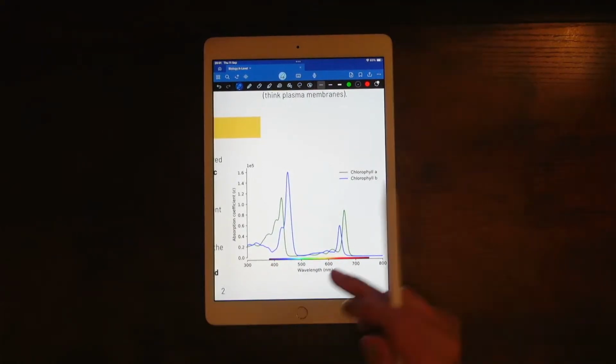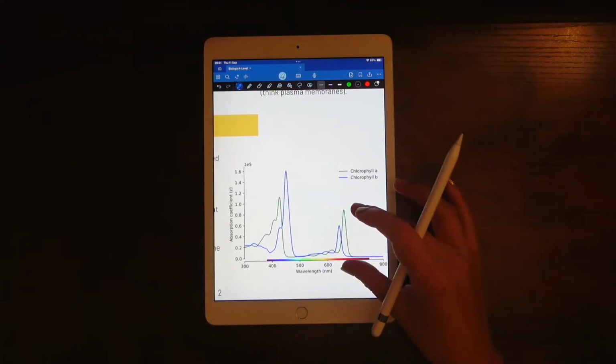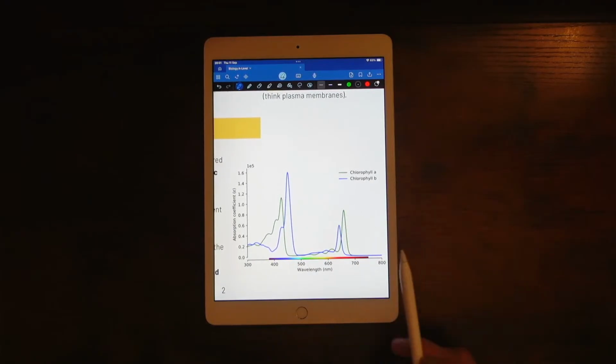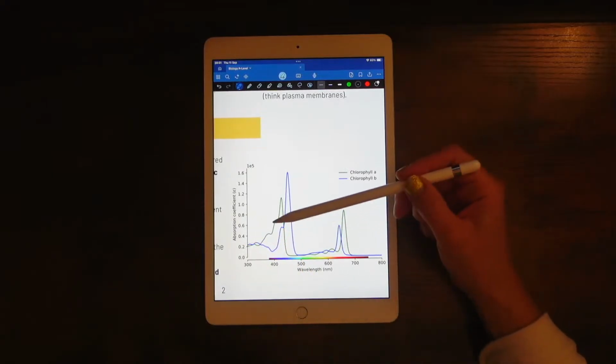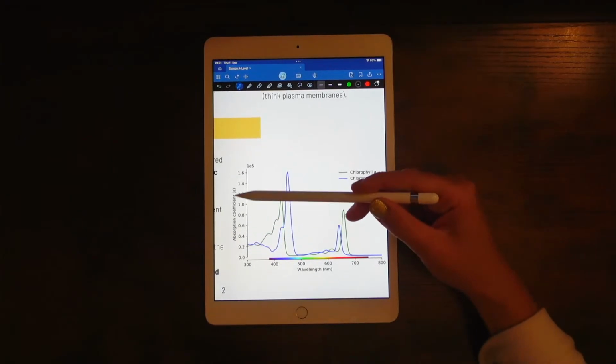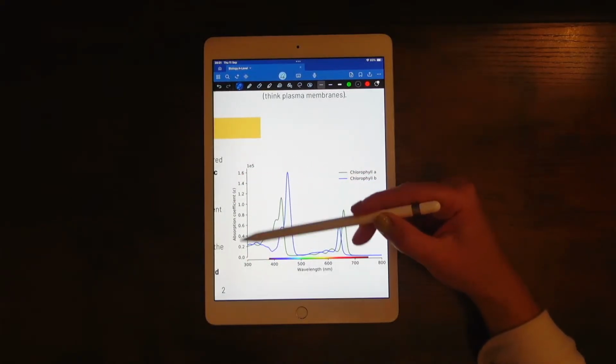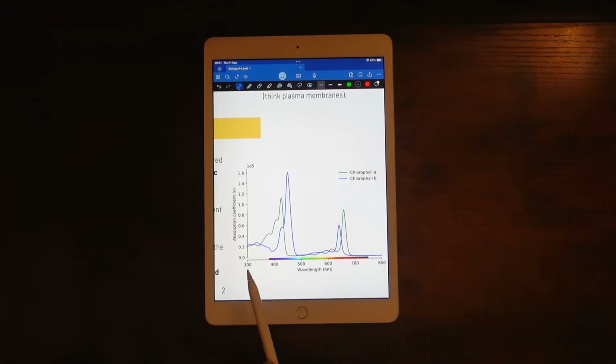Now, you can also get questions linked to the required practical about the different photosynthetic pigments that you can get, and you don't actually have to remember any of them off by heart. But what you could get is a graph like this where they show you the different pigments, and this one I've got chlorophyll A and chlorophyll B. It would be absorption, or maybe photosynthesis rate, but it's normally absorption on the y-axis, and then the wavelength of light on the x-axis.